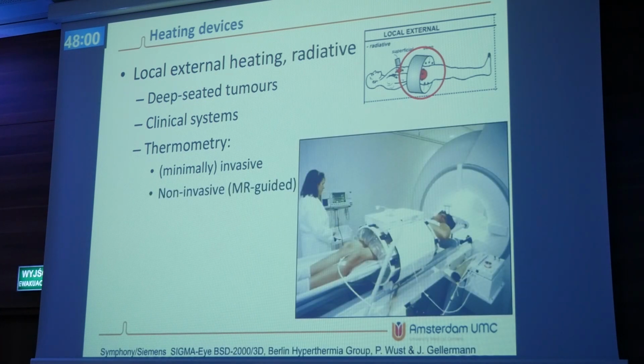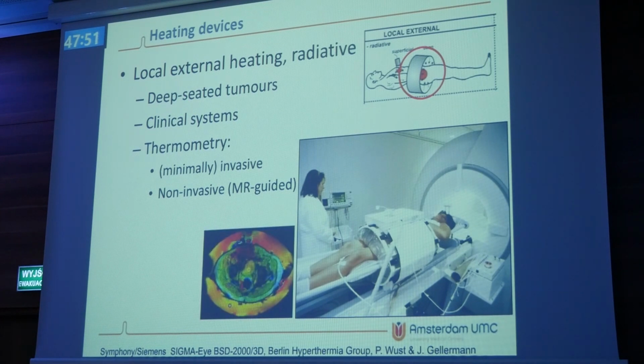And this has also been supplemented with the option to use non-invasive thermometry using MRI. And then you get this kind of distributions where you can see that you can verify the region where the temperature has reached therapeutic levels. You can also see that the heating area is fairly large, which also means that you get a fairly homogeneous distribution within that area.